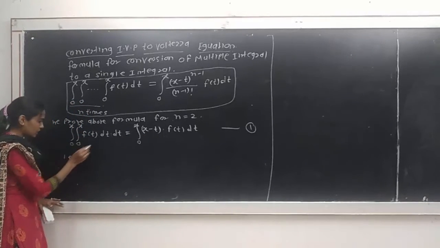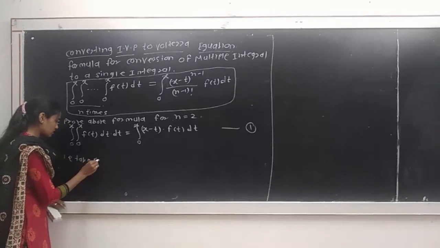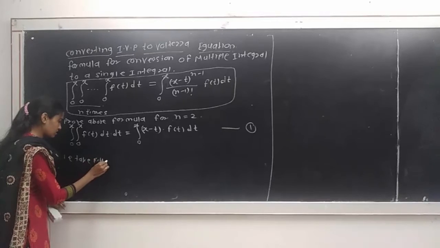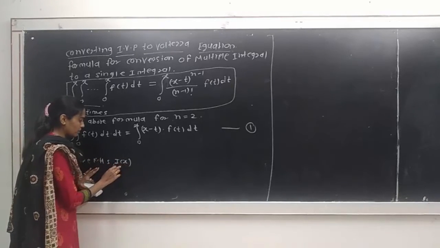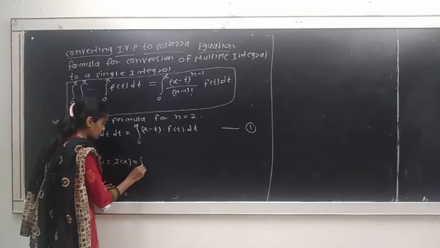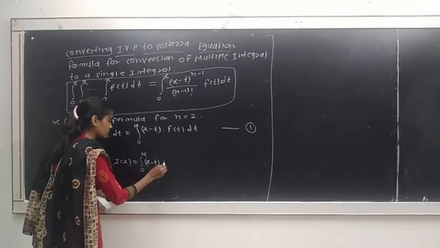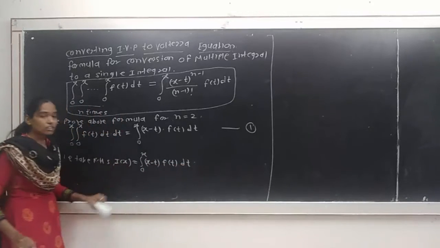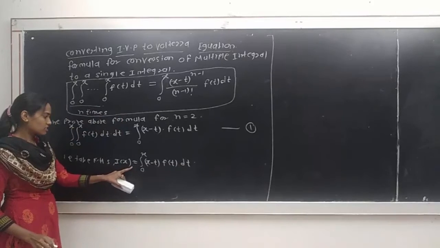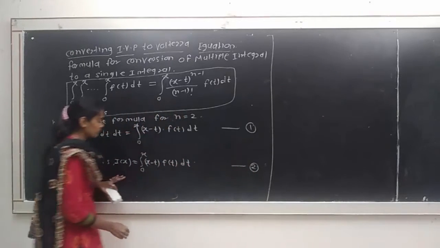Let us take the RHS to be I of x, that is, a function of x: I of x equals integration from 0 to x of (x minus t) into f of t dt. Then we differentiate this and take it as equation number 2.